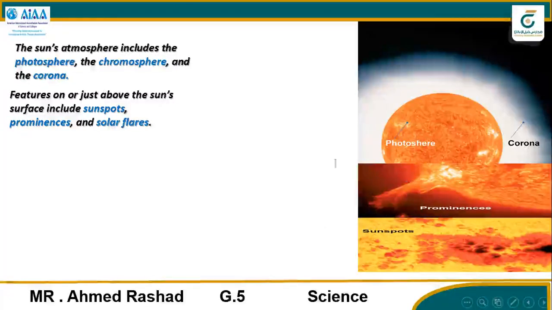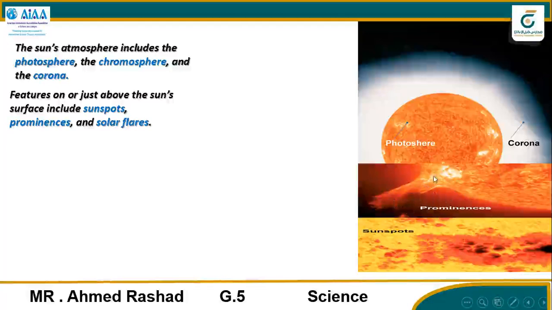So you can see the difference between the atmosphere, photosphere, chromosphere and corona, and the prominences and the sunspots, which include the exploding in the Sun, and that can reach a lot of kilometers above the Sun's surface.